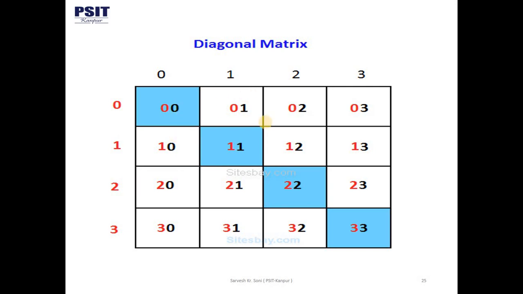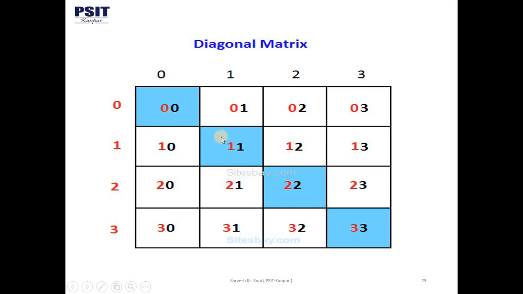So I'm talking about only the principal diagonal elements. Actually there are two diagonals. This is the principal diagonal. The condition of a principal diagonal element is that the row index and column index are the same. So this is a00. If the matrix name is A, then the element stored in this place will be A00, zeroth row and zeroth column.